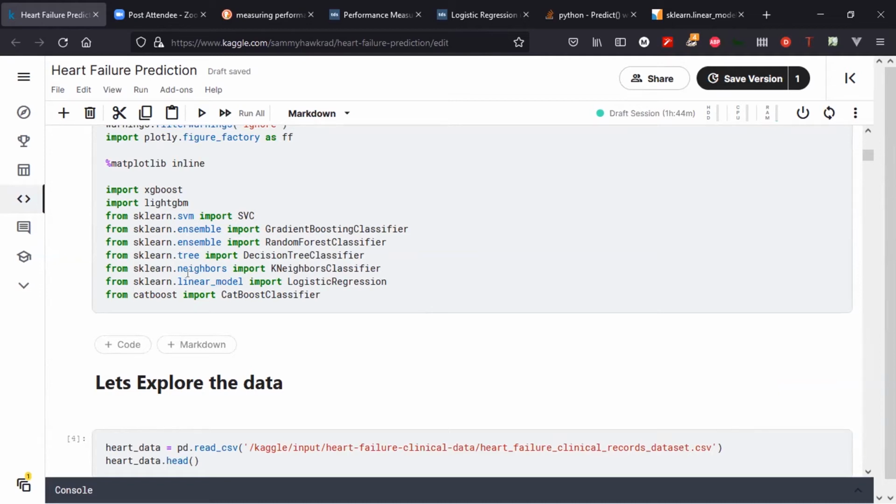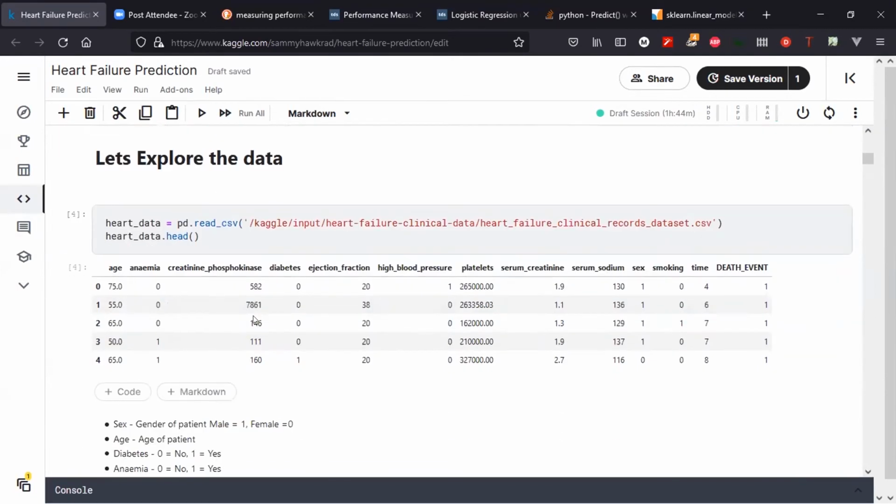So we're going to tell whether the person will survive or the person will die. As we learned earlier, it's a classification problem. So we want to see if the person is going to survive the heart attack or die through that. So with that, we load our data.